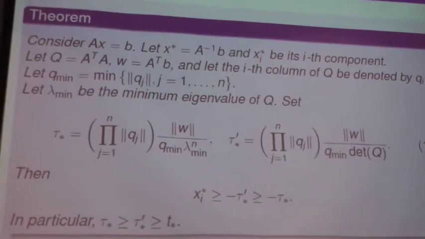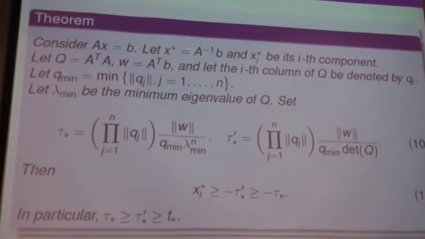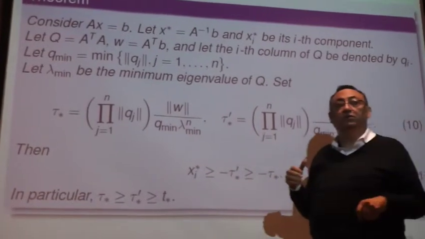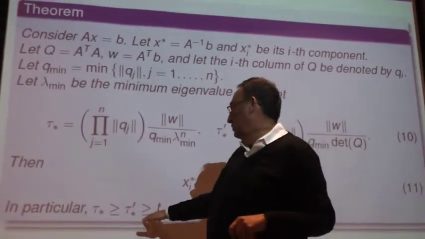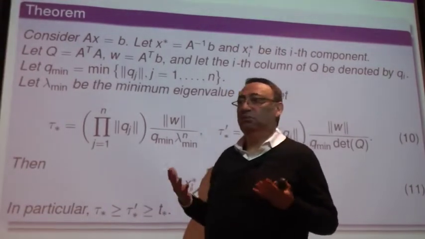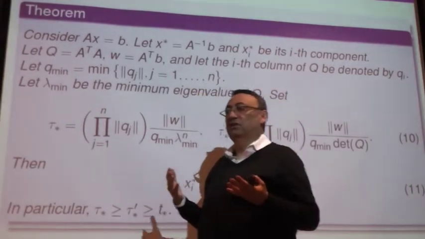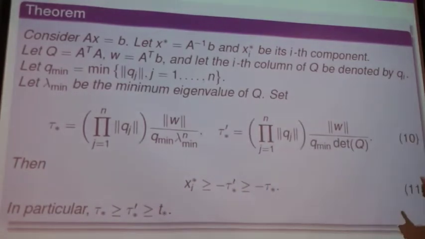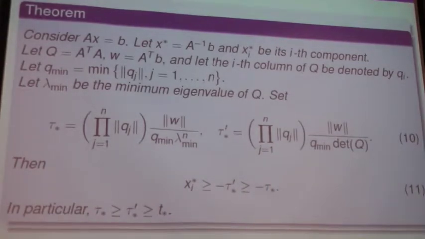So, this gives a theoretical kind of lower bound. I don't know the relationship between these numbers and, say, the condition number of a matrix. But maybe they are somehow connected.